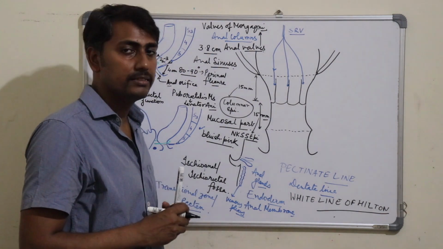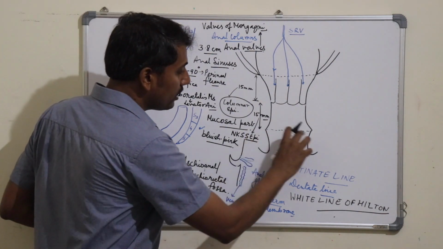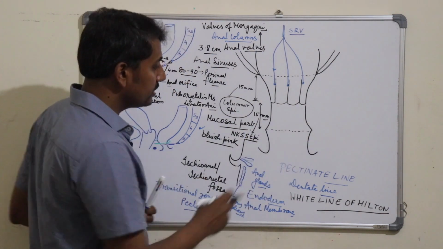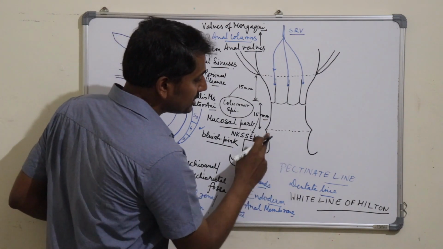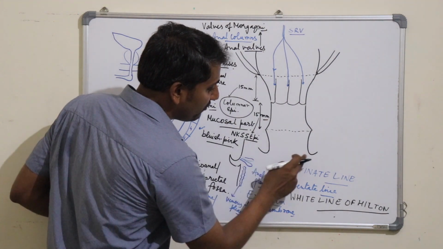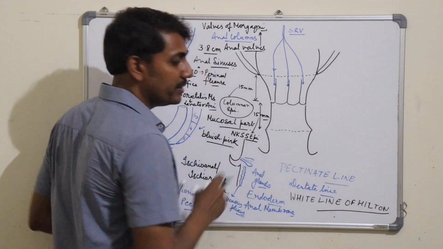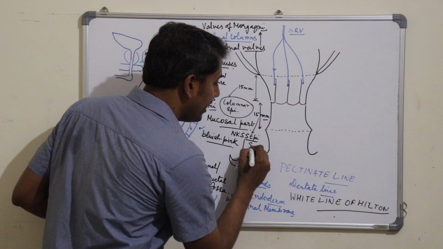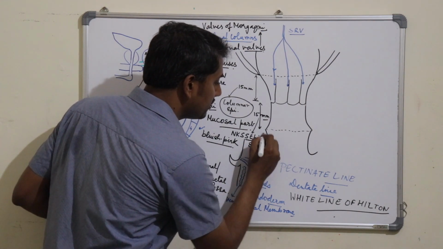Now the third part, that is the lower cutaneous part. This lower cutaneous part extends from this white line of Hilton to the anal orifice or the anal opening. This is approximately 8 mm in length.